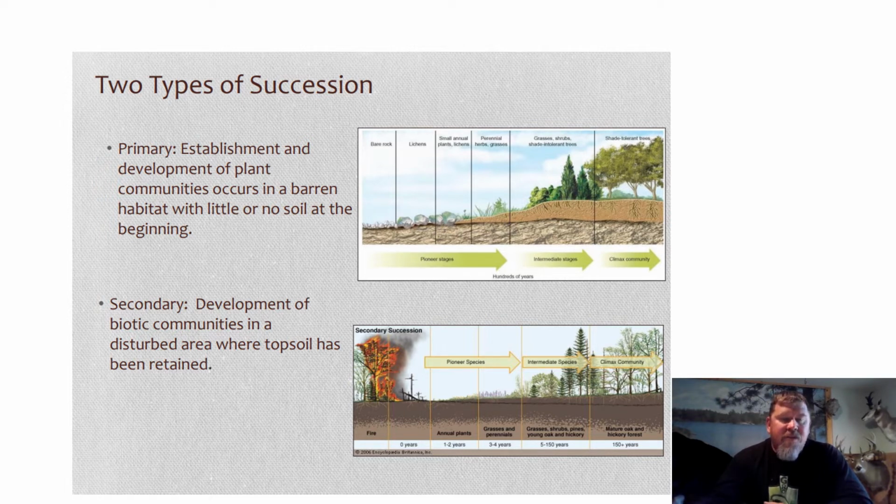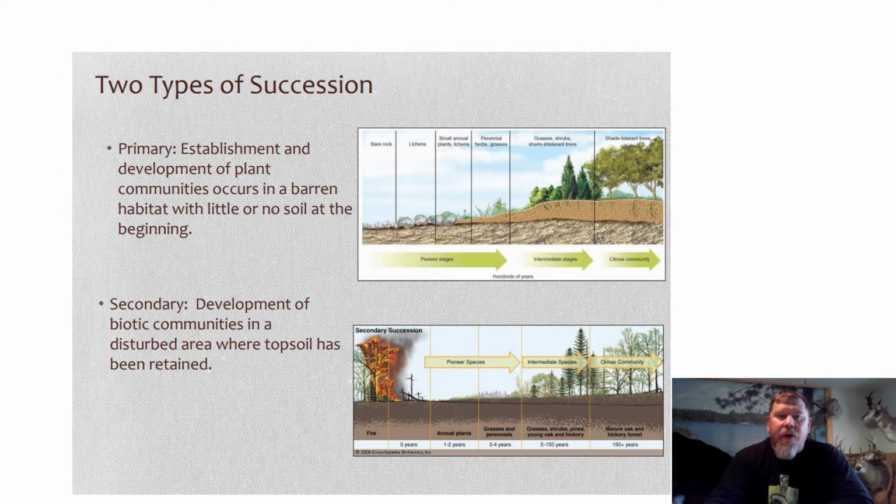Secondary succession is when you have an area that has gone so far in the succession scale, and some event has occurred that has brought that back down the scale of succession. Mostly we're going to be talking about secondary succession.